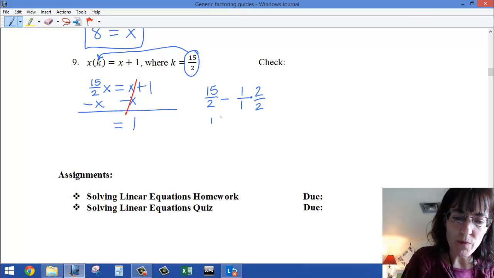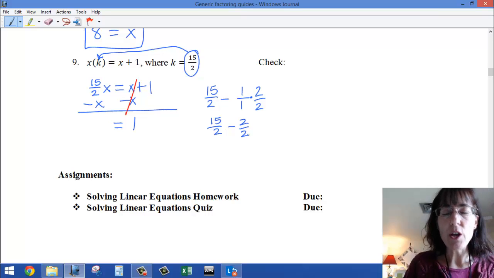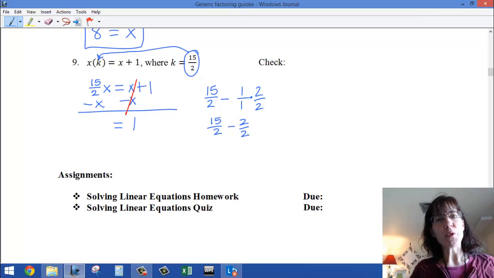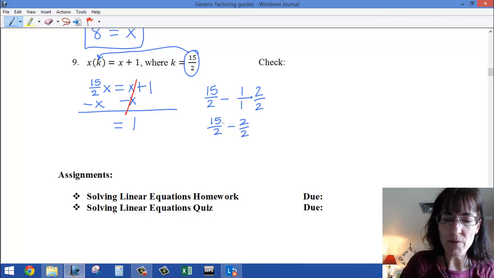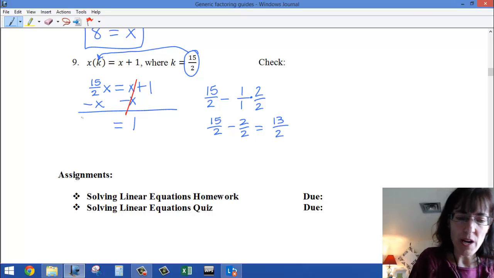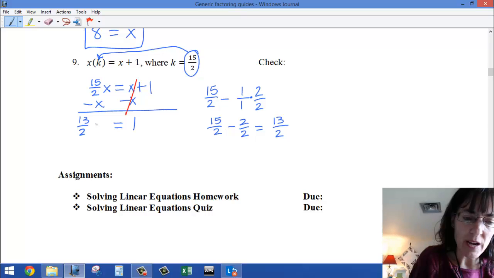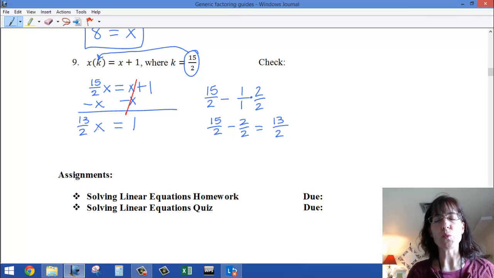So I end up with 15 halves minus 2 halves. So 2 halves, remember, 2 divided by 2 is 1, so that's equivalent to the 1 that was there. So I have 15 minus 2, so 13, and remember, keep that one denominator. And so I have 13 halves x equals 1.